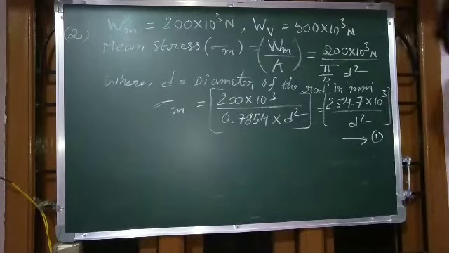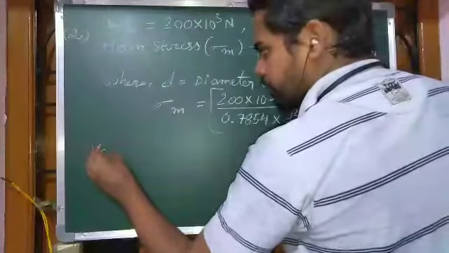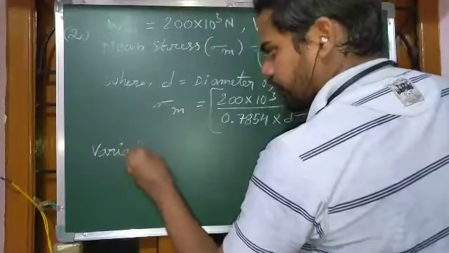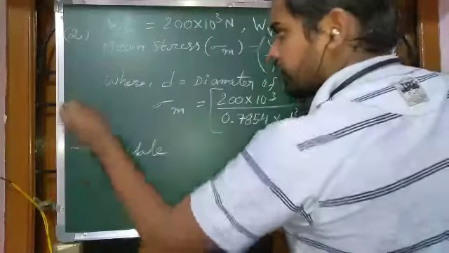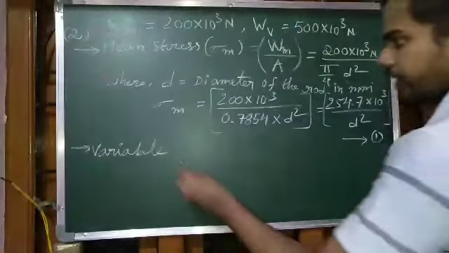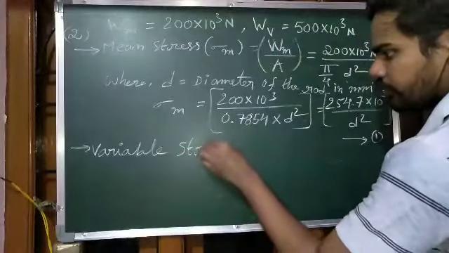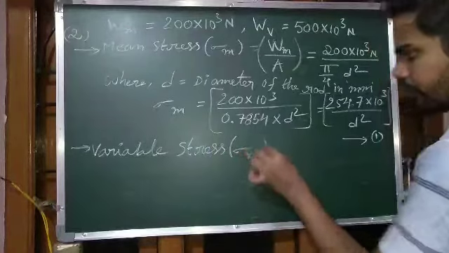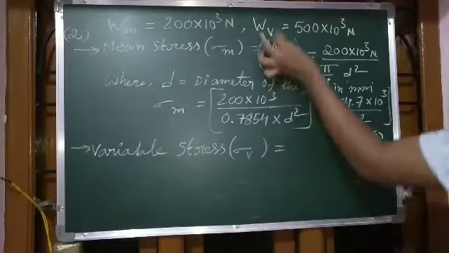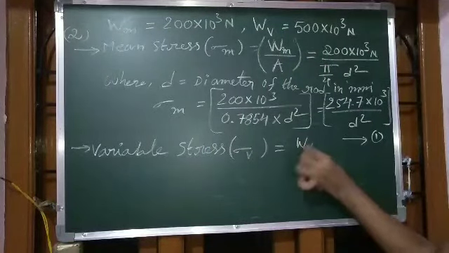Now let us calculate the variable stress. Sigma V is equal to the variable load divided by area.